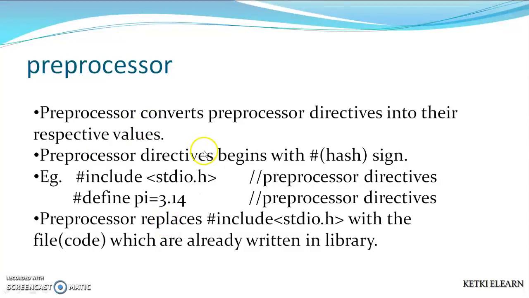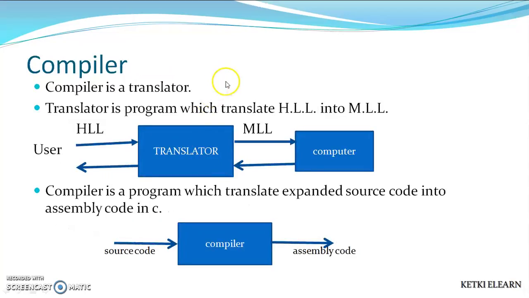Fine. Next one is the compiler. What is a compiler? A compiler is one kind of translator. Again, the question: what is a translator? A translator is a program which translates a high level language into machine level language. We know that a computer only understands zeros and ones, that is, machine level language, but the user gives input in a high level language.